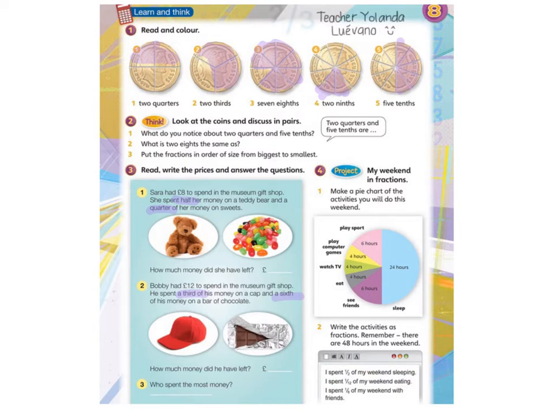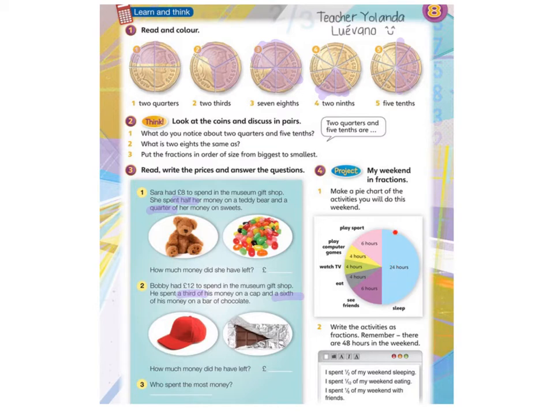Here is the example. I spent a half of my weekend sleeping. Okay, can you see the half? It's this. And how did he or she get to that conclusion? Because remember, they are 2 days. So 2 days are 24 hours each day.